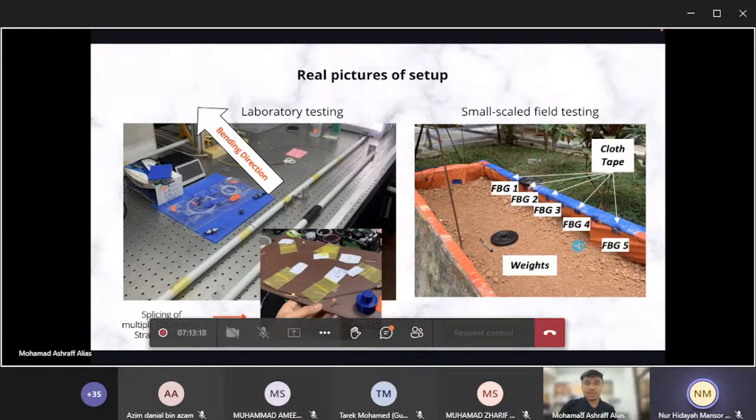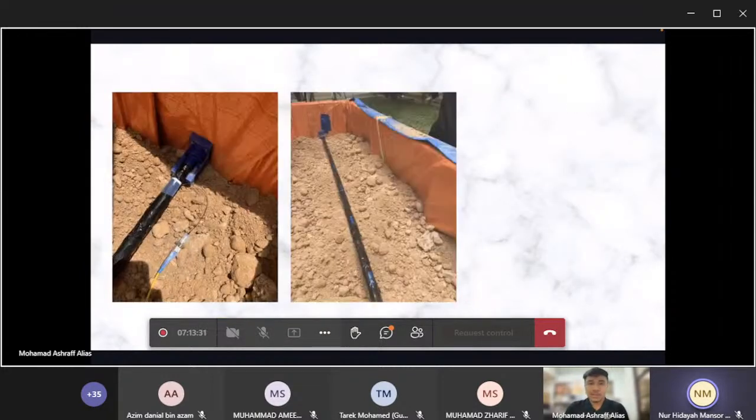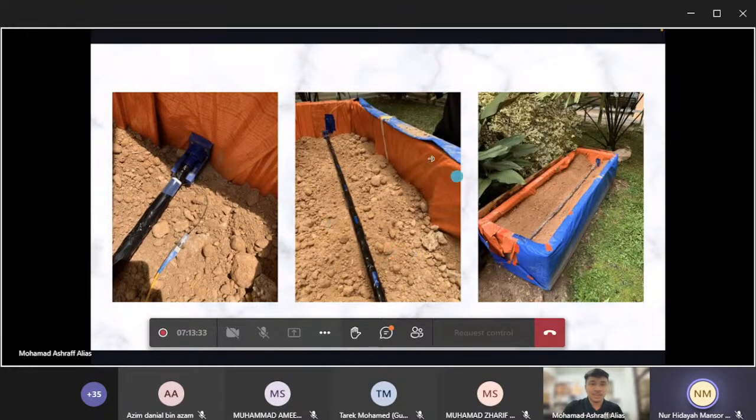So when the pipe is buried, I can put the weights at the correct location so that a good response can be obtained. Okay, these are more pictures of the small scale field setup.